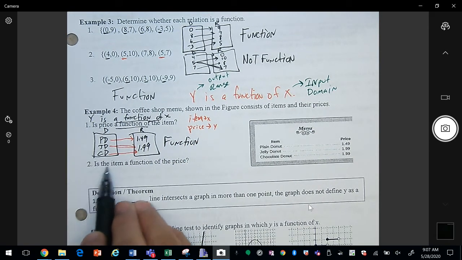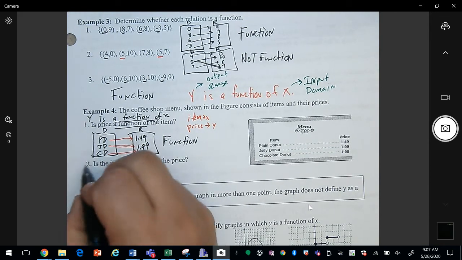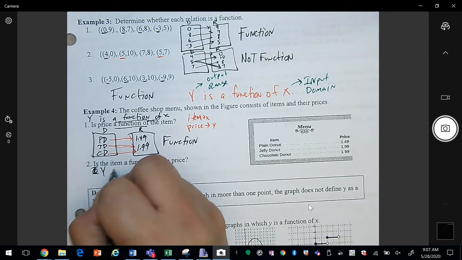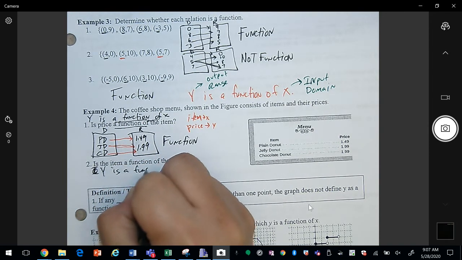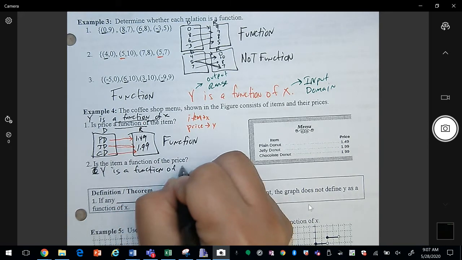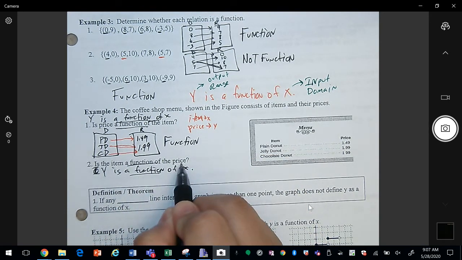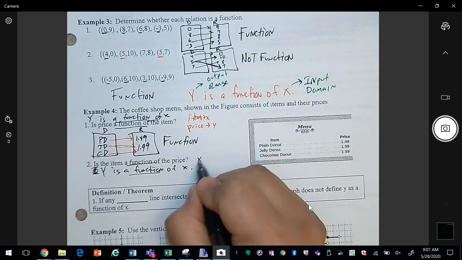Okay, number 2, is the item a function of the price? So here, for example, in the statement, I could say y is a function of x. So here we have a function of, a function of. So price is going to be your x.